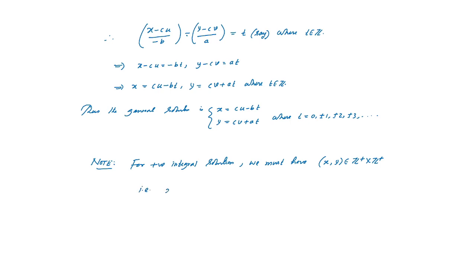That is, x is strictly greater than 0 and y is strictly greater than 0, meaning cu minus bt is greater than 0 and cv plus at is greater than 0, holding simultaneously.